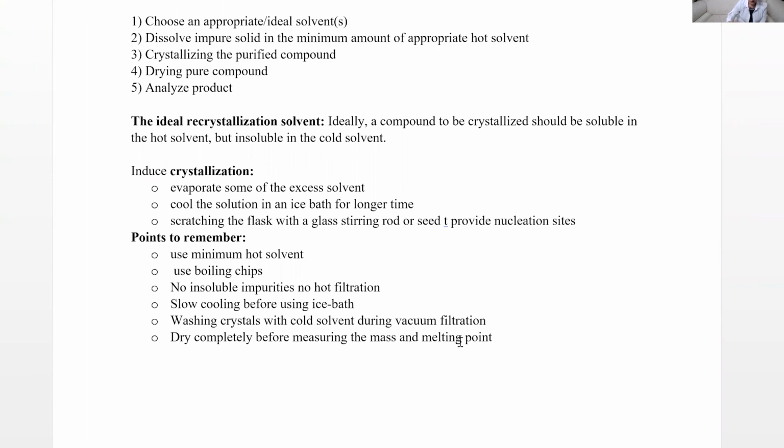So you want to make sure your sample is dry completely before you measure the mass or the melting point. And please make sure to read experiment 3 before you take the pre-lab quiz or start the experiment. Reading the experiment is going to help you a lot because it covers everything about recrystallization.